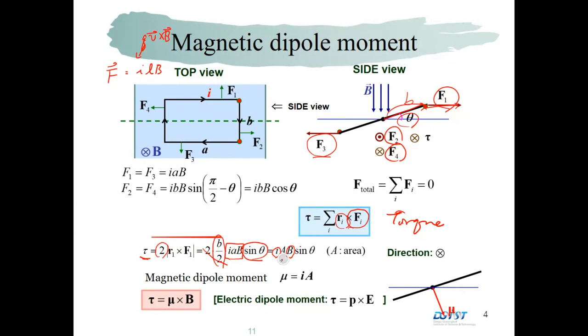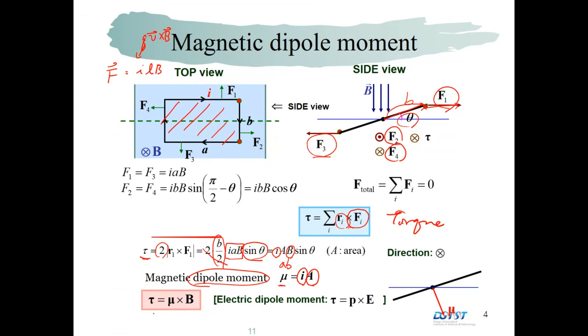Here, A multiplied by B means the area of this rectangle. So we can define the magnetic dipole moment, called mu, as the multiplication of the current and the area.